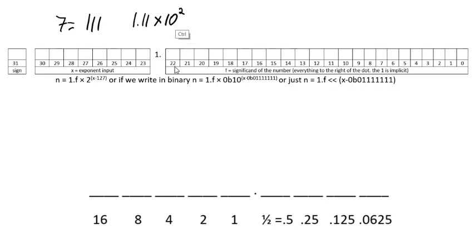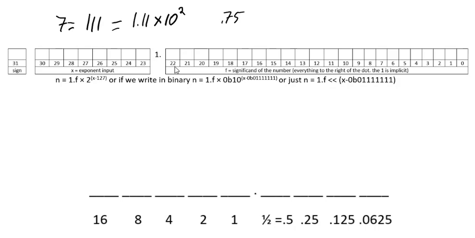Of course, if we write that in binary, that's going to be 10. Now, so this is strictly the way you should write it. Now, because of the way we do the calculation of the exponent, we're going to keep the exponents as decimal numbers. So we're going to put that as 2. So that effectively shifts the decimal point over 2, which is going to result in this 7.